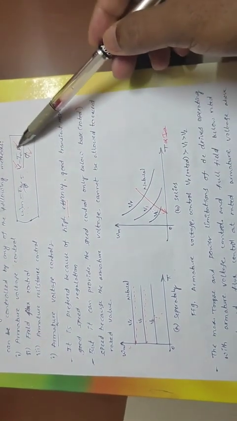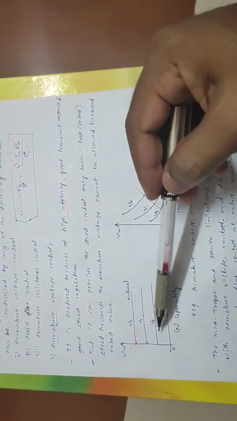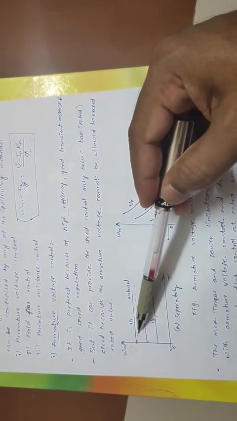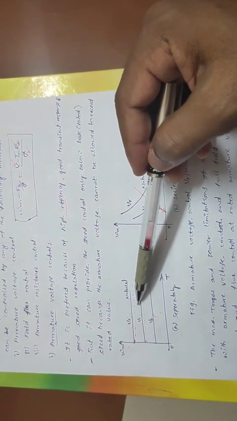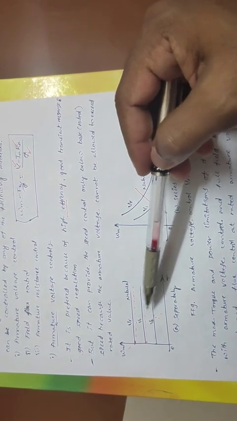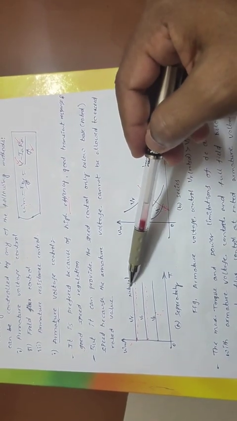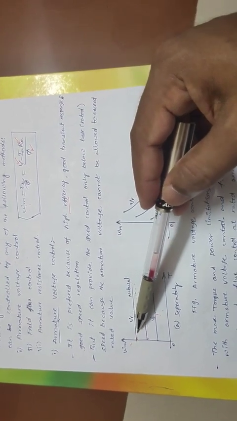Then the drop across armature resistance is almost zero, so it is almost constant. If we consider the armature resistance, there is a slight droop in the characteristics which shows with the dotted line. And the natural characteristics are at rated voltage, the characteristics are the above line or first line.